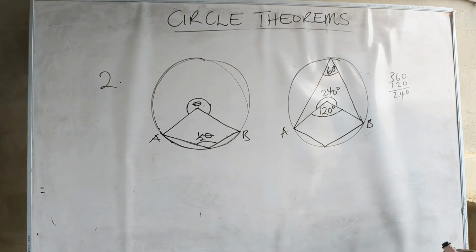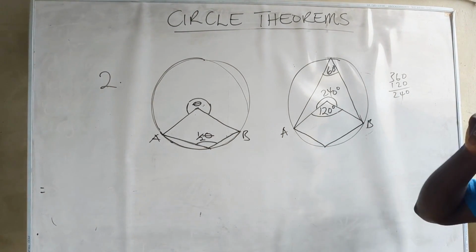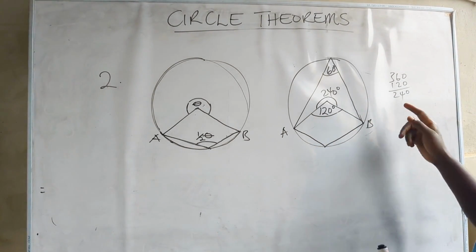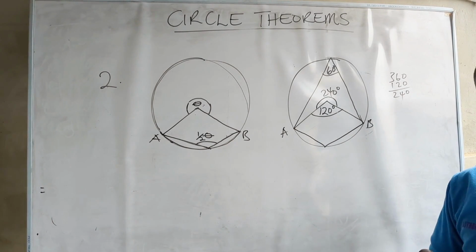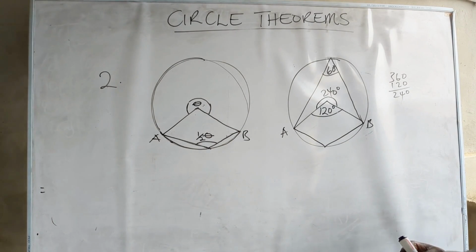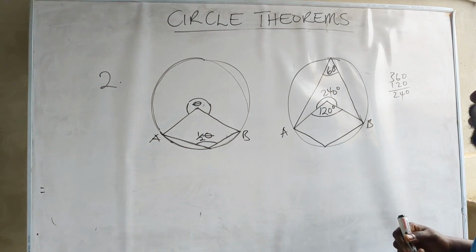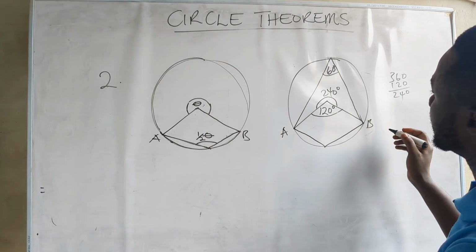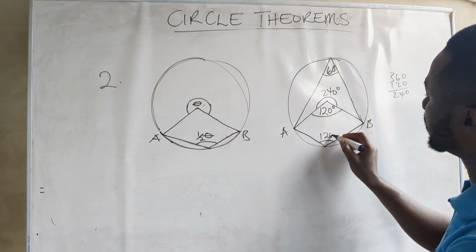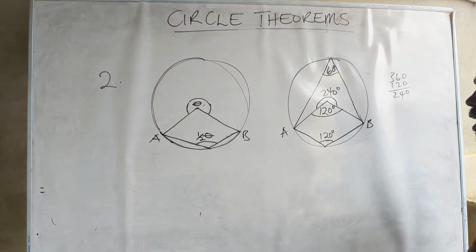And they say this is twice of this. So we are going to divide 240 by 2. And when we divide 240 by 2, what are we going to get? I think that is 120 degrees. So the angle here will be 120.